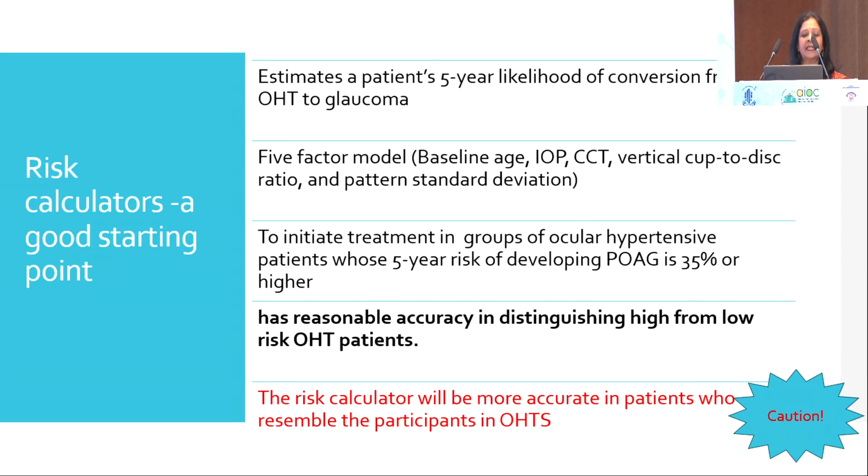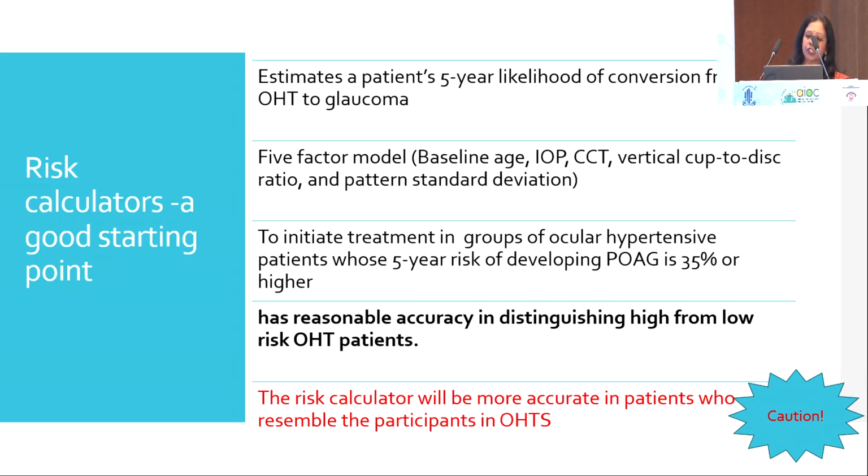The risk calculator is a good starting point. It gives the 5-year likelihood of conversion of OHT to glaucoma based on the 5 important risk factors. If the 5-year risk of developing POAG is more than 35%, then you can treat the patient. This calculator has reasonable accuracy in distinguishing high and low risk OHT profiles.